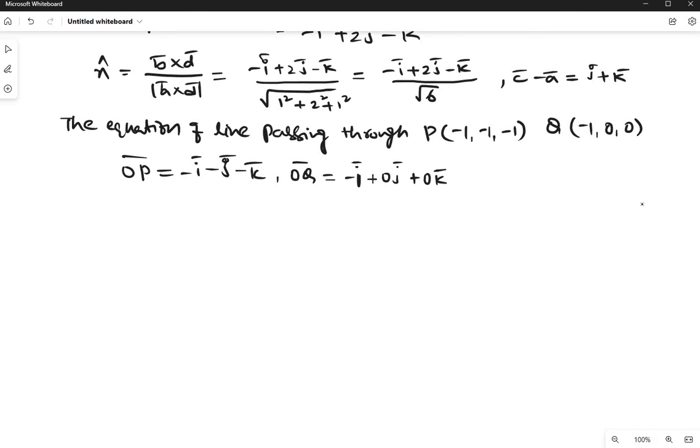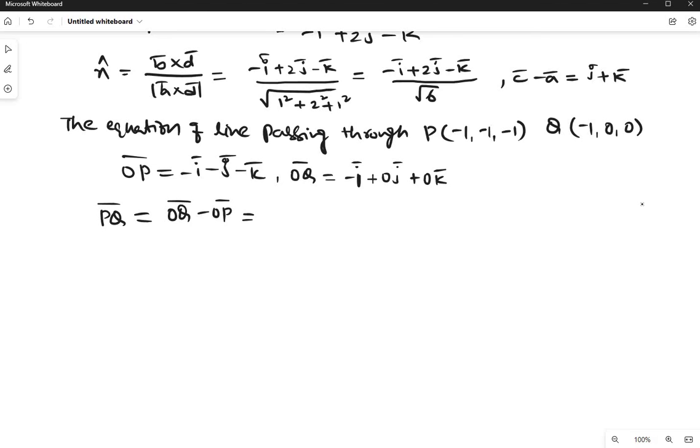Now I have to identify c bar minus a bar in this way. Just subtract: OQ minus OP.